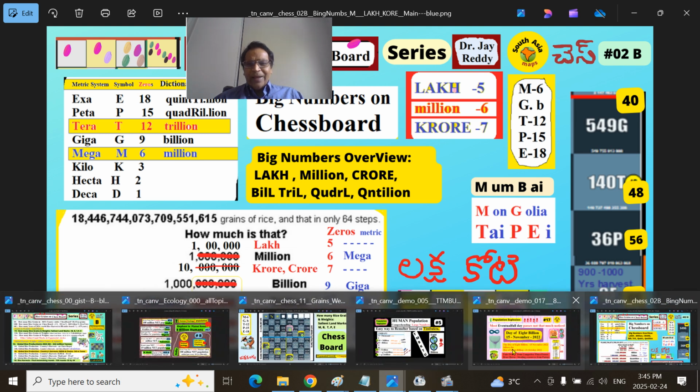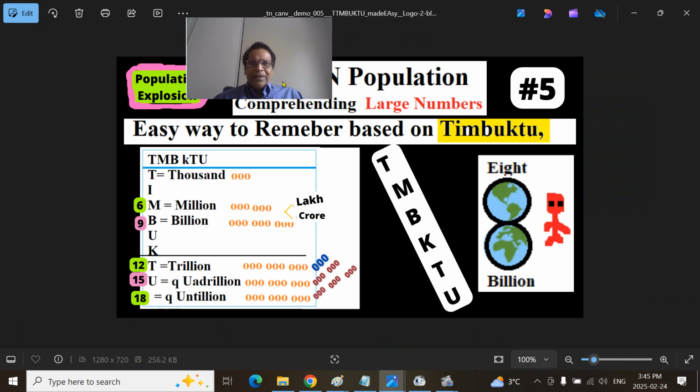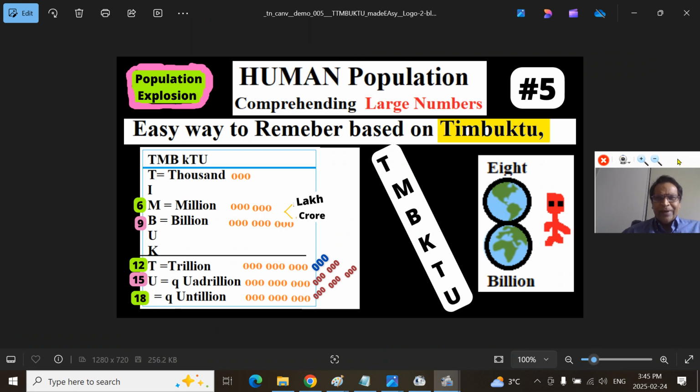I covered these in the demography series in a different way, to remember the numbers easily by the name of the African city on the Niger River, Timbuktu. Timbuktu, that is the thousand and million and billion, and then you have the quadrillion K and the quintillion T and so on. So you can look at that also.